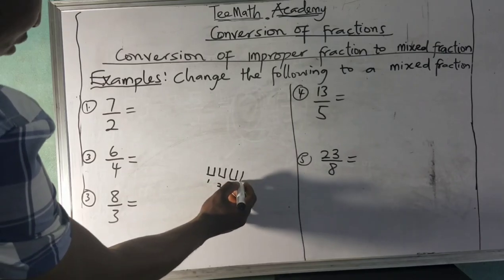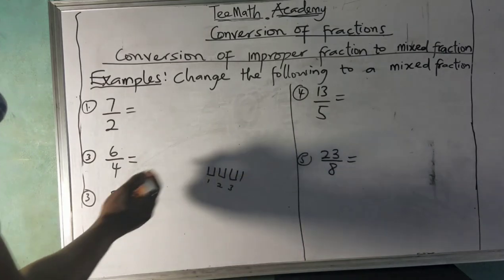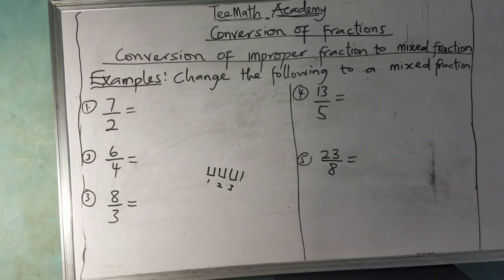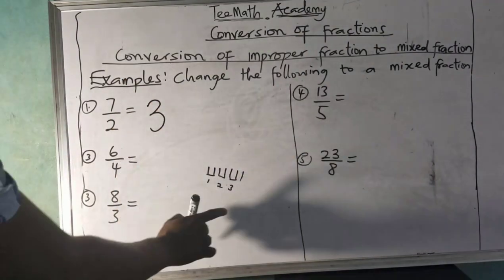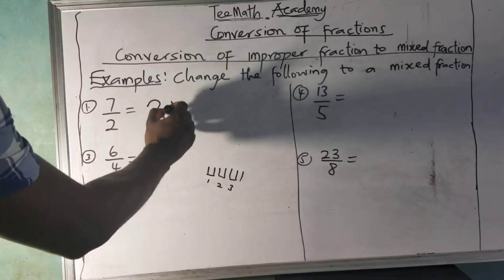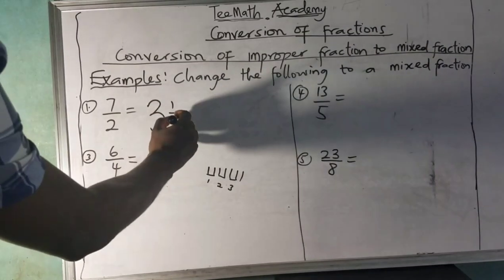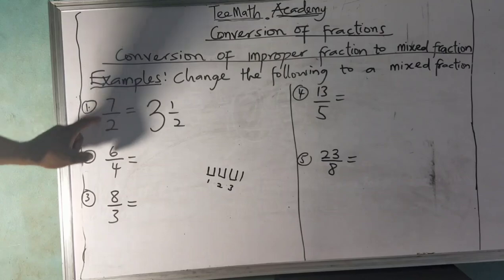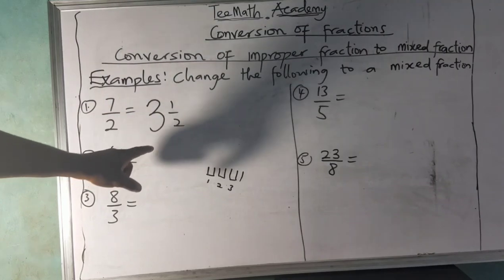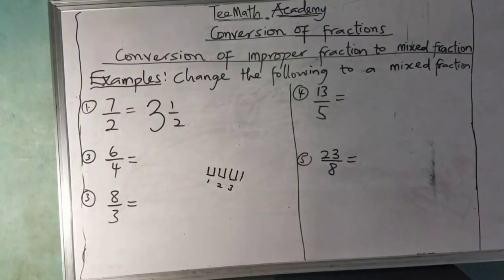This 3 is not up to 2. You leave it. So it is actually 3 times. You write it as a whole number. So 3 whole number. Remaining what? 1 over 2. So that is the answer. Now this is an improper fraction, 7 over 2, and this one is 3 whole number, 1 over 2, which is a what? A mixed fraction.